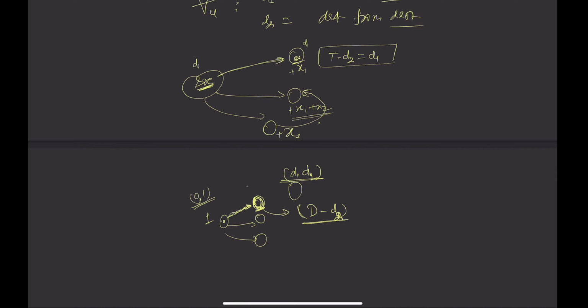So suppose the first neighbor has d1 d2, then I will go from the source to this node if and only if from this node I can reach my destination in d minus d1 time, that means it should be equal to d2. Then only increment the number of ways from here to here. For this one also similarly.